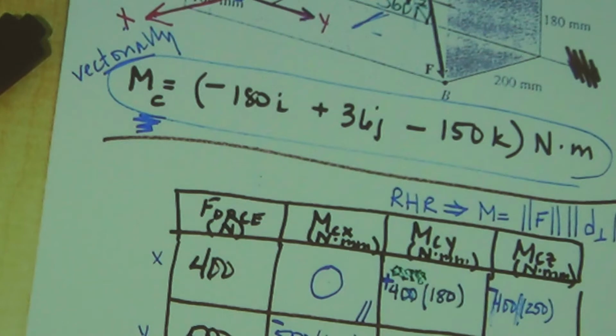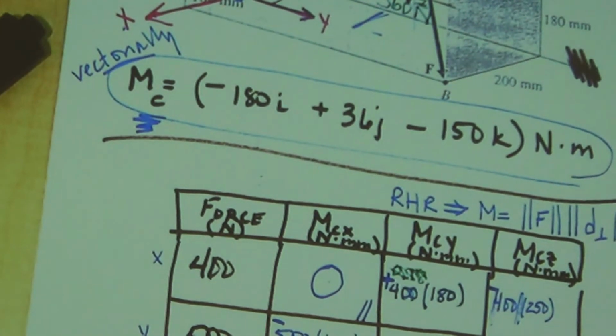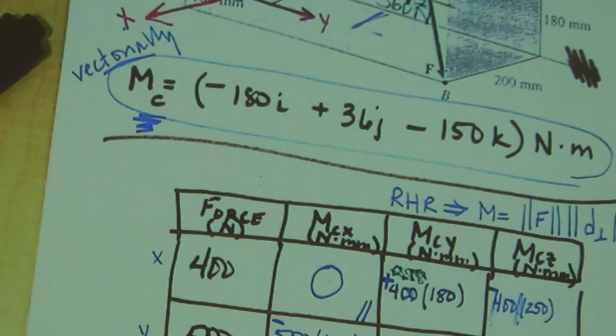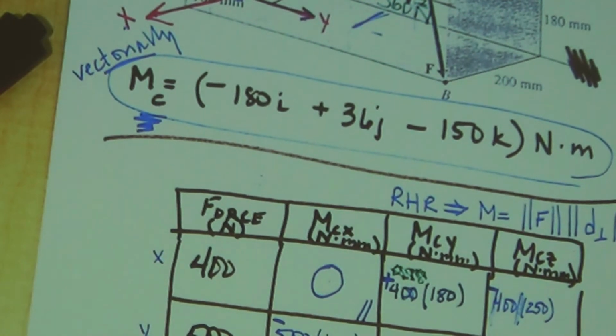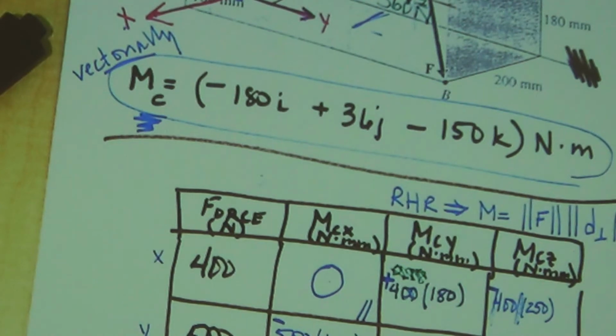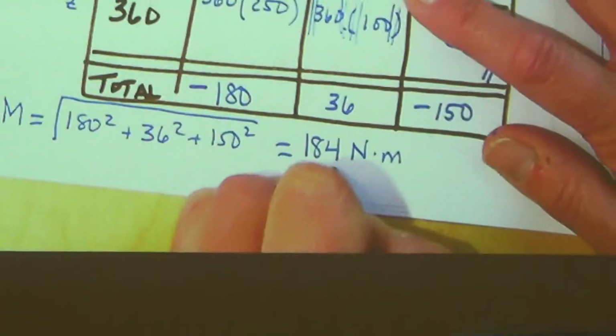I got 237. 237? Yeah. Oh, I'm looking at the wrong problem. Thank you. Did somebody else get 237? Yeah, I got 237. 237.